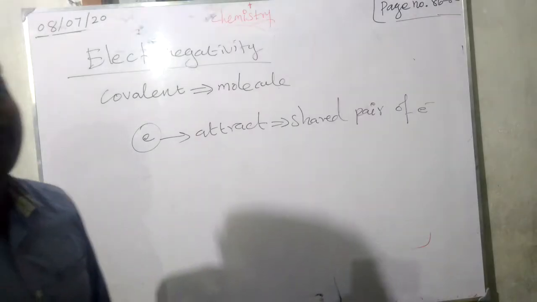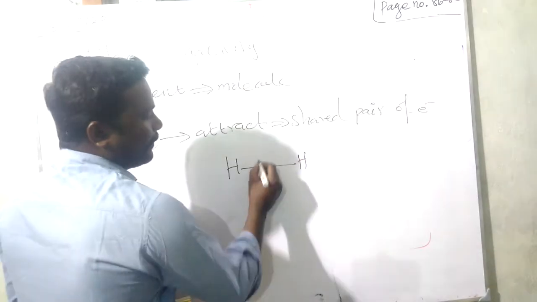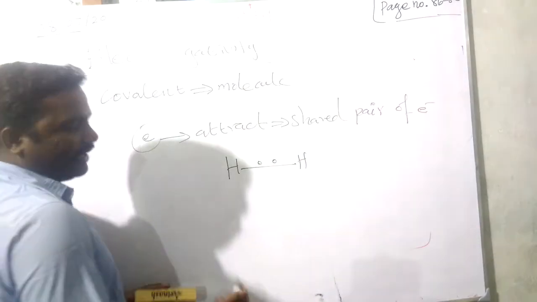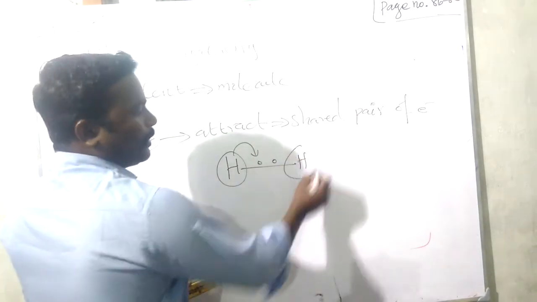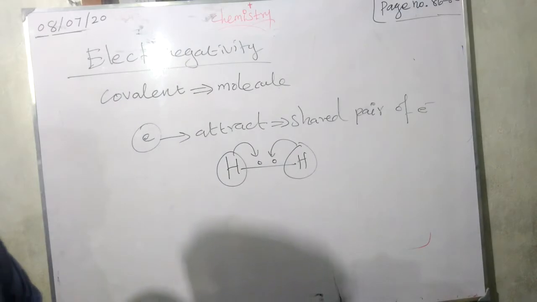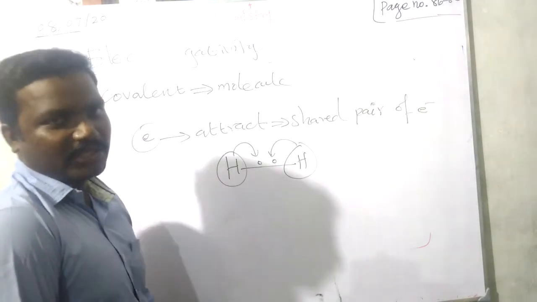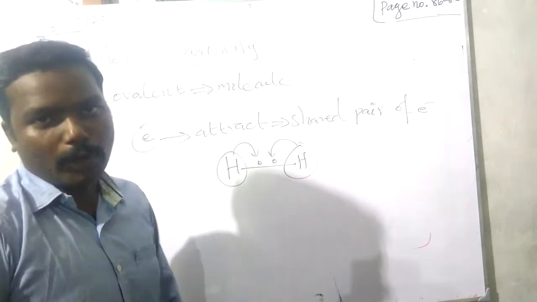In the sharing of electrons, the electron should be in the middle of the bond. For example, the first hydrogen gives one electron, another hydrogen gives another electron. Mutually giving one each, they share, and they form one bond. That bond is called a covalent bond.